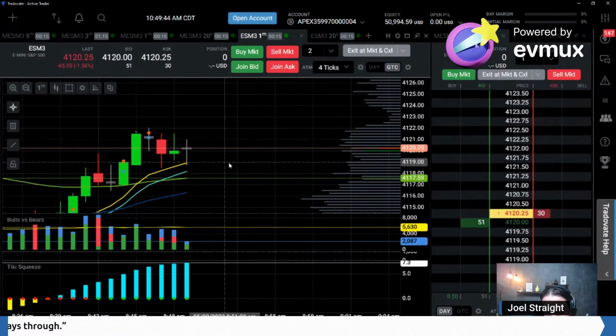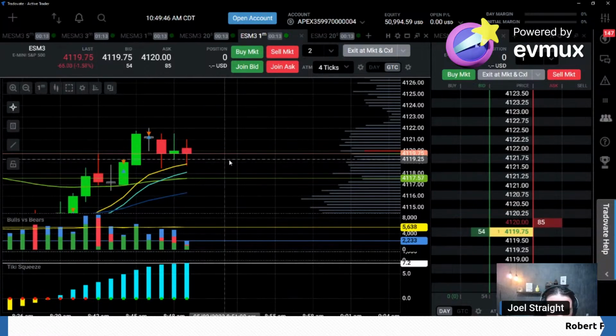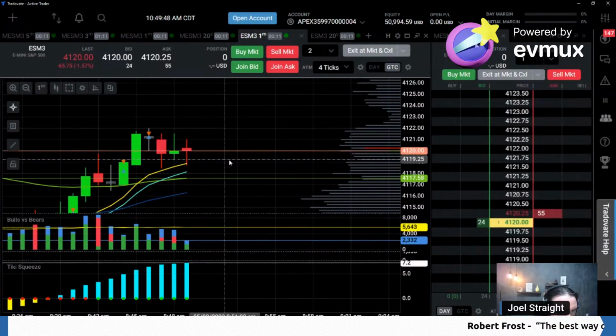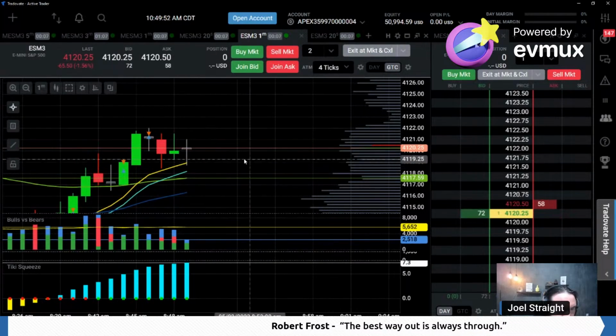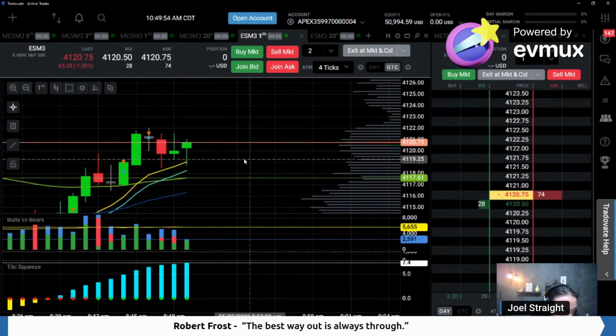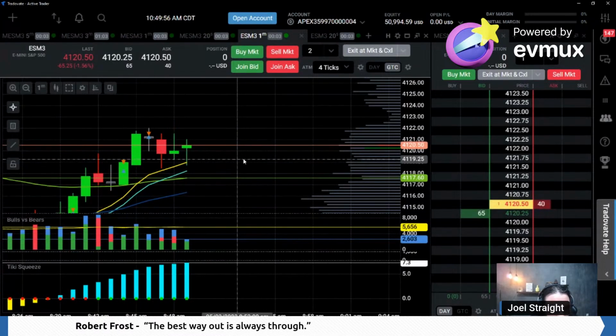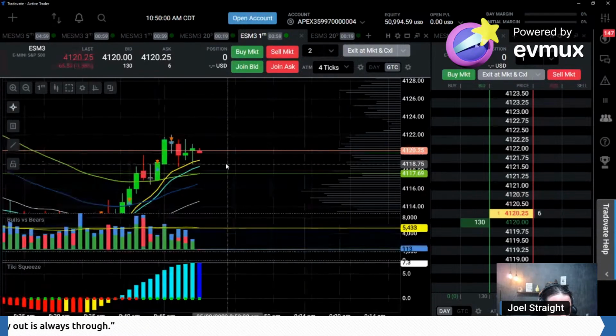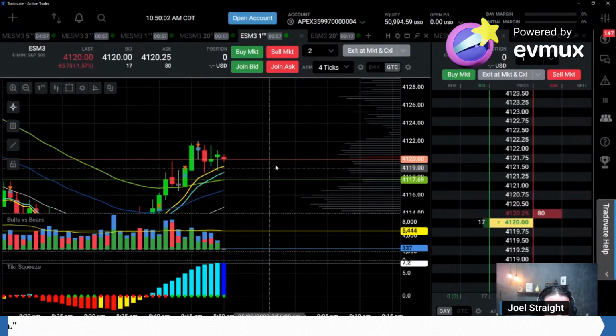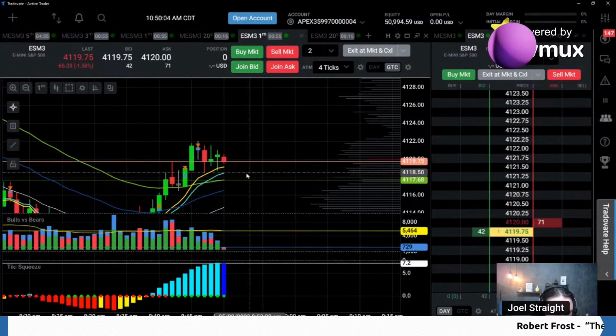So that would have been a nice entry, like 19 and a quarter up to 20 and a quarter. That's really what that was, the 9 EMA bounce op. But I do think that we have room up to about 25 area.